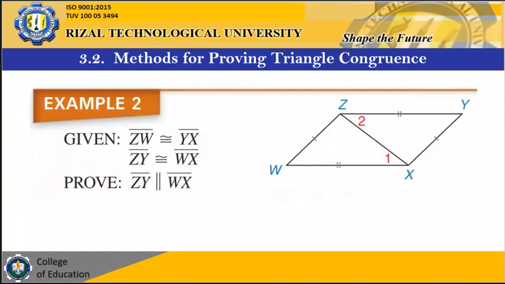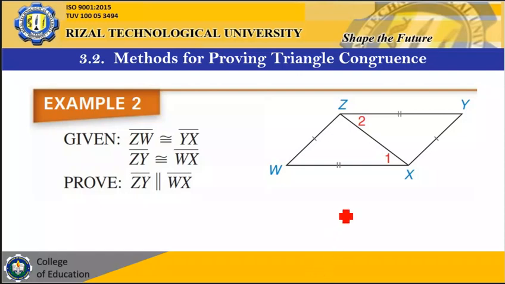Since we know that ZX is actually a transversal of WX and ZY, we can infer that angle 1 and angle 2 are alternate interior angles.